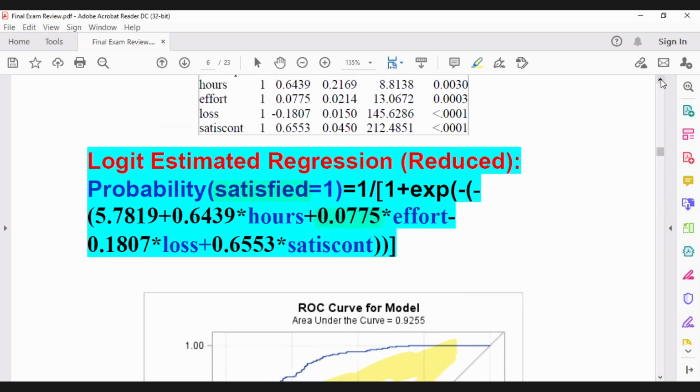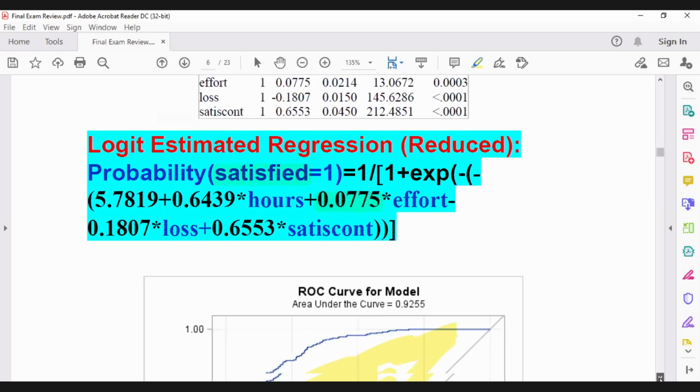By the way, in the final exam, when I ask you to write down the linear form of this, you need to write log of P, probability of y equal to 1, is equal to B0 plus B1 hours plus B2 effort plus B3 loss plus B4 satiscounts.